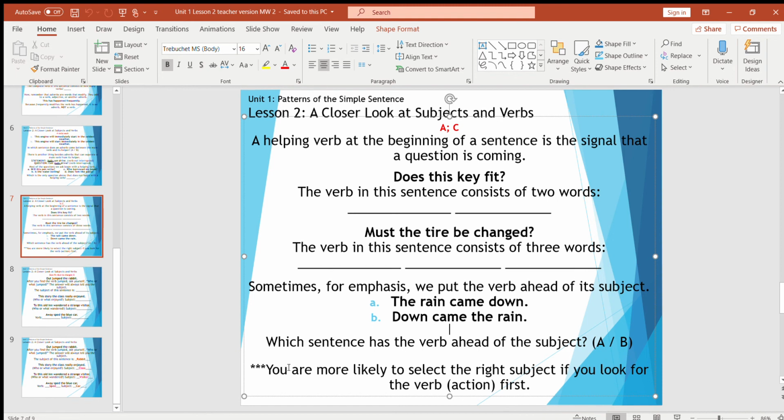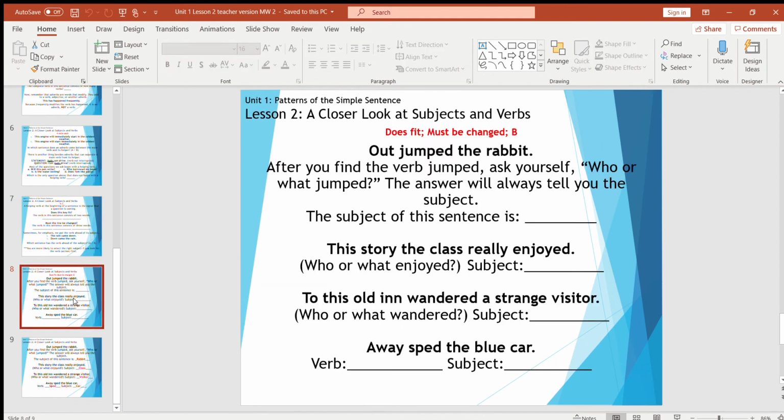Once you know what the action is, then it's easier to figure out what is doing that action. So, if we have out jumped the rabbit, after you found the verb jumped, you would have to ask yourself, okay, who or what is jumping? And the answer will tell you what the subject is. So, who or what did jump? Obviously, the subject would be the rabbit.